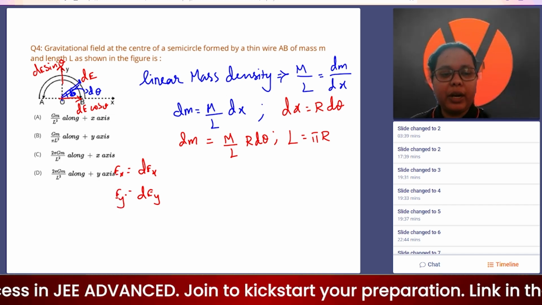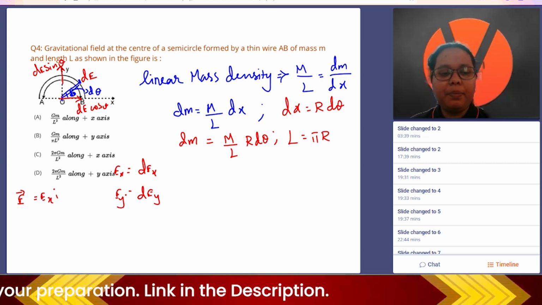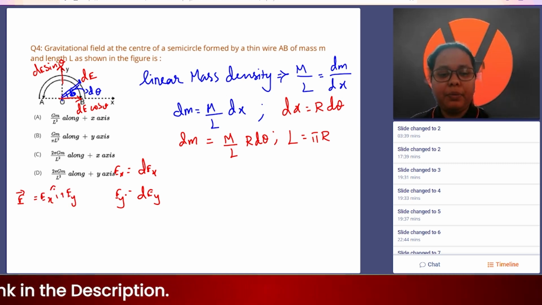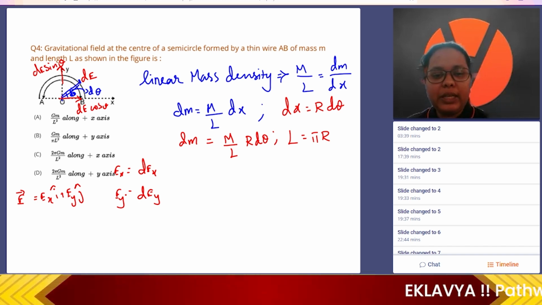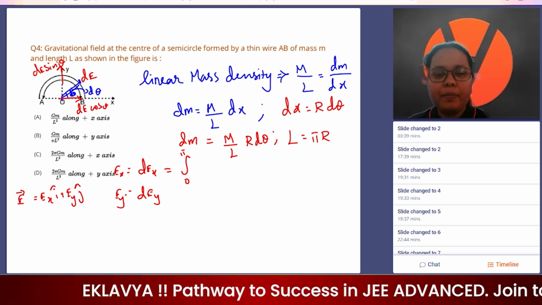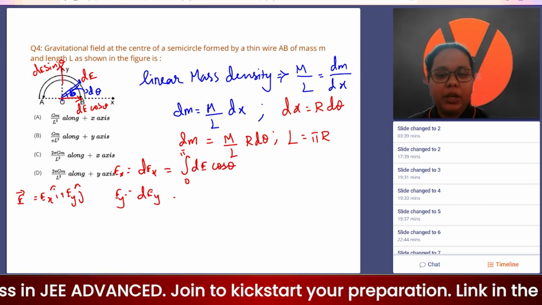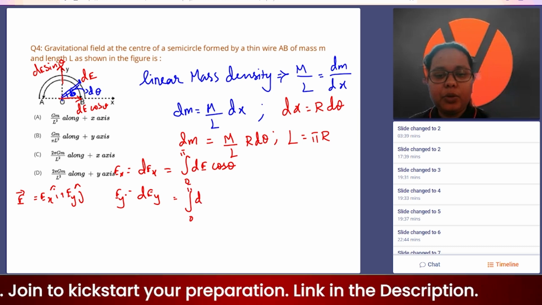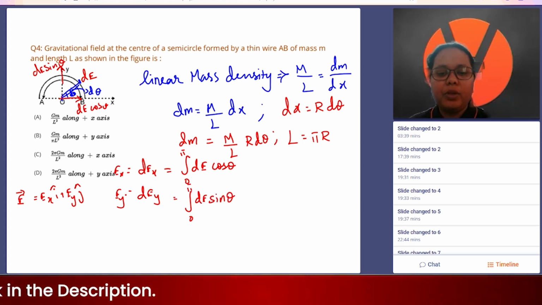So you can write the E vector as Ex i cap plus Ey j cap, and from this you can find the magnitude also. So Ex is the integral from 0 to pi of dE cos theta, and Ey is the integral from 0 to pi of dE sin theta. What is dE?